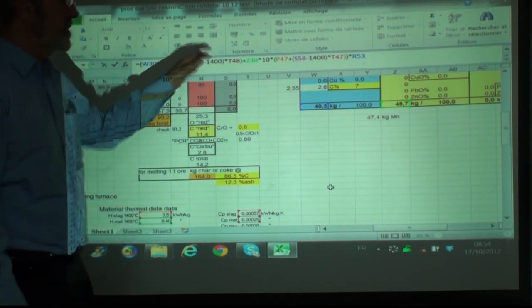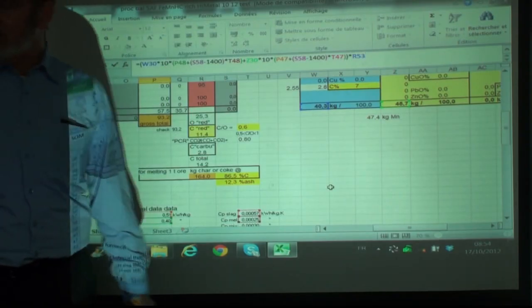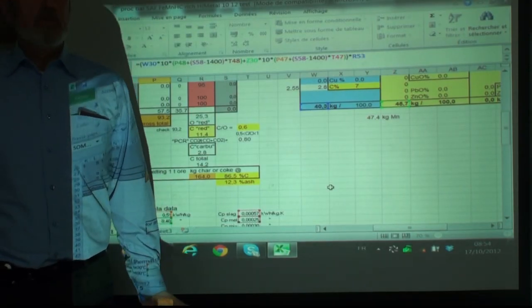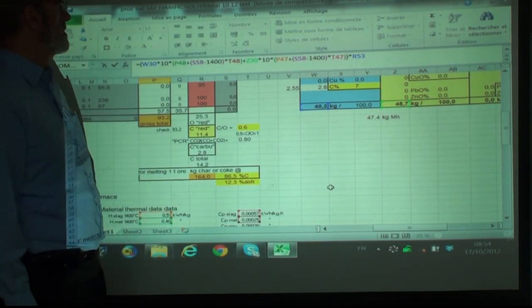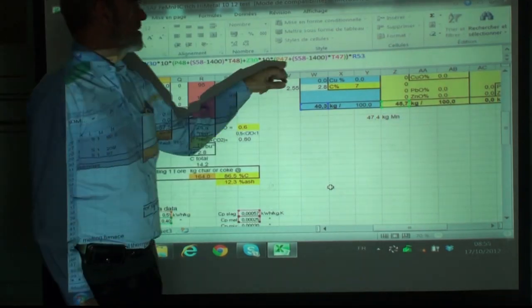In our example, we have 1400 degrees, but if there is a difference, we calculate it. And exactly the same for the slag.